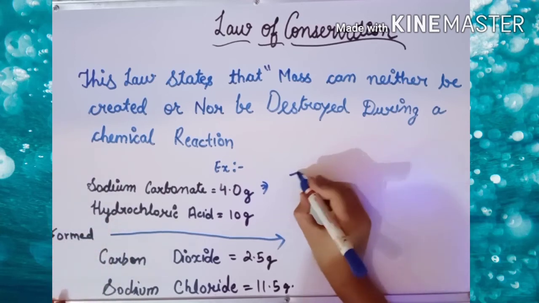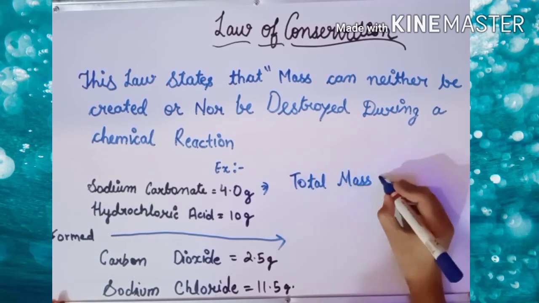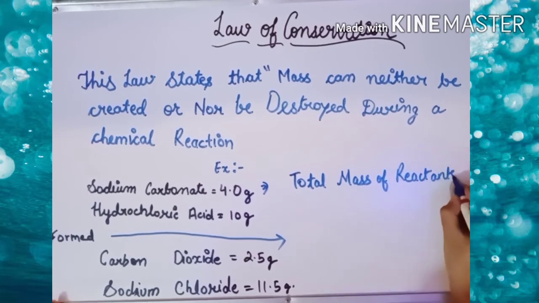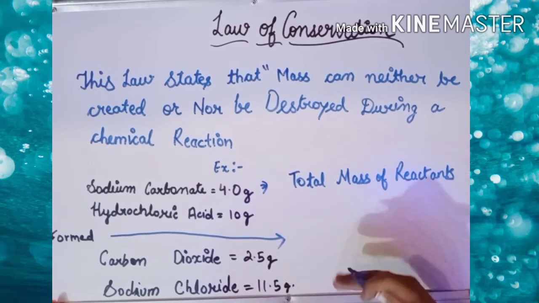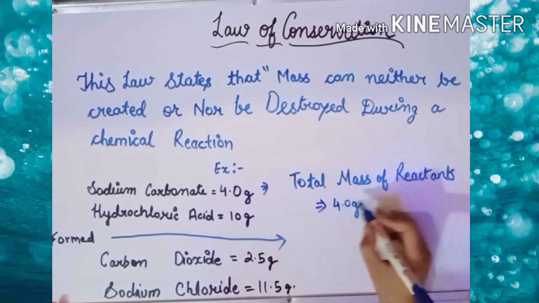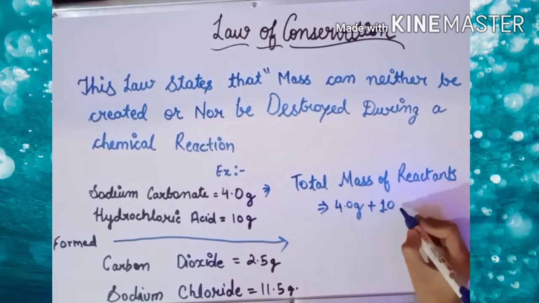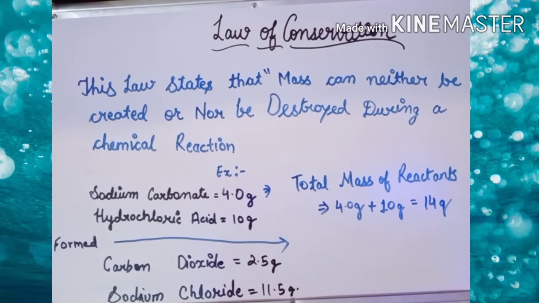So we write total mass of reactants. We add this mass here, 4.0 gram plus 10 gram, it is equal to 14.0 gram or 14 gram, right? This was the total mass of reactants which we got as 14 gram.